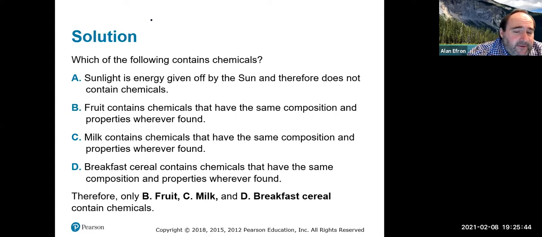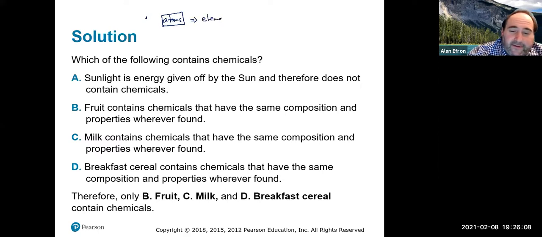A couple of other important things, which we'll probably see in a later chapter as well: we have atoms. Atoms are really the simplest representation of elements.